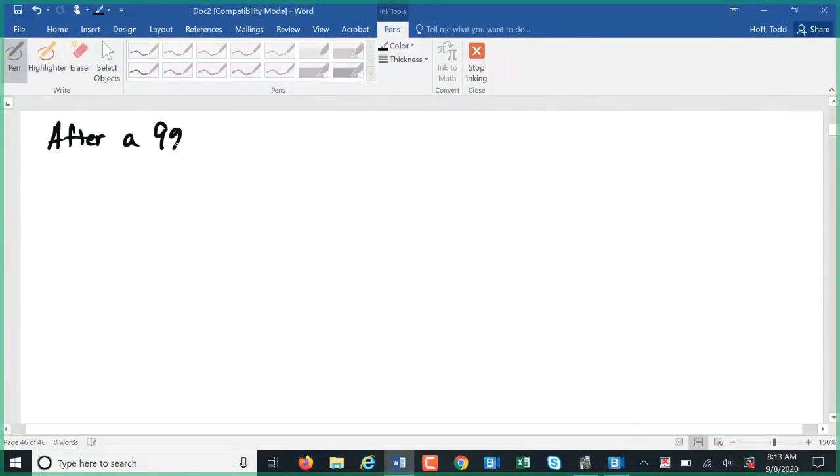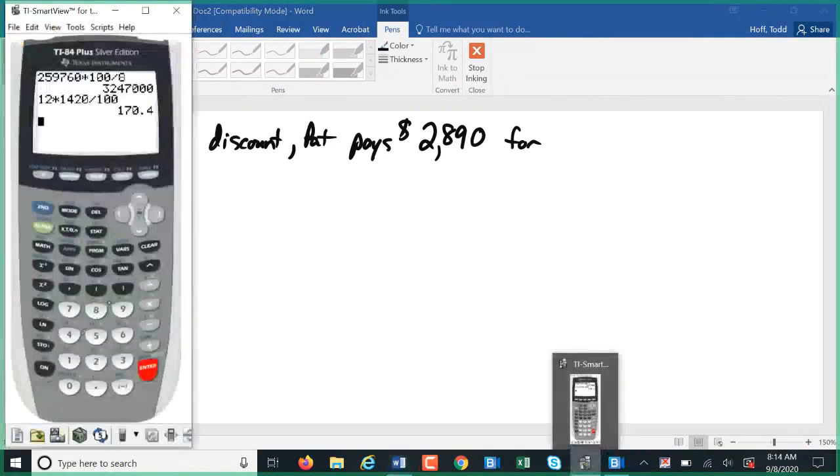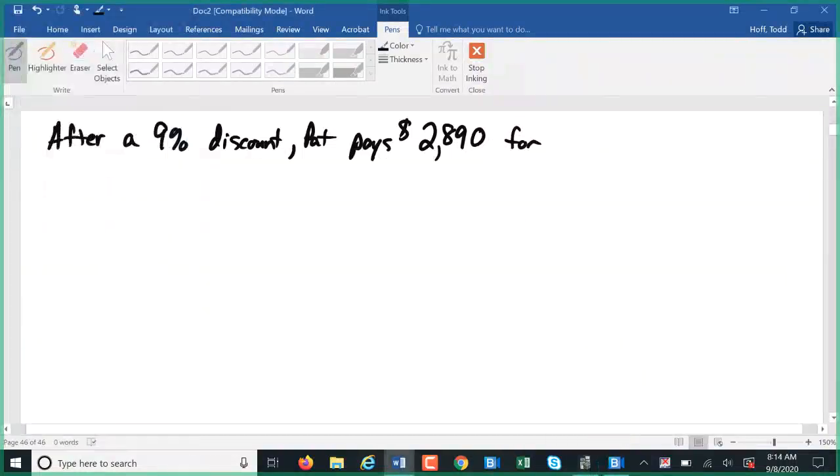After a 9% discount, Pat pays $2,821 for supplies.